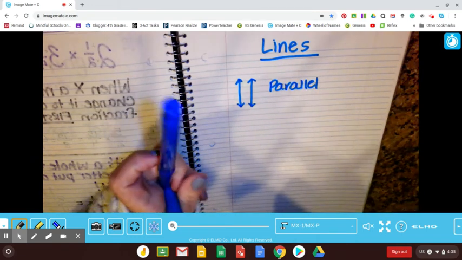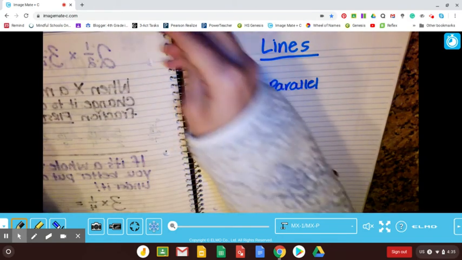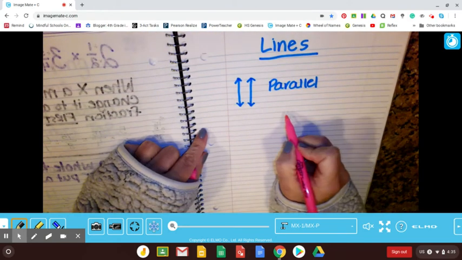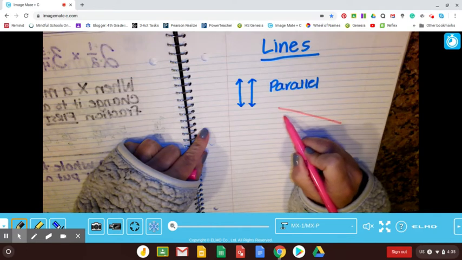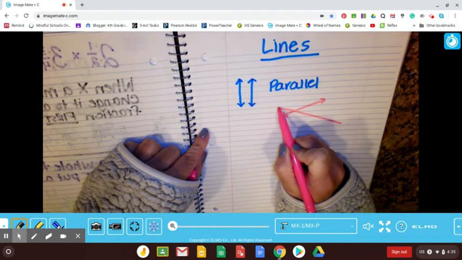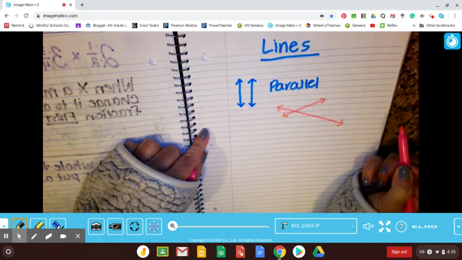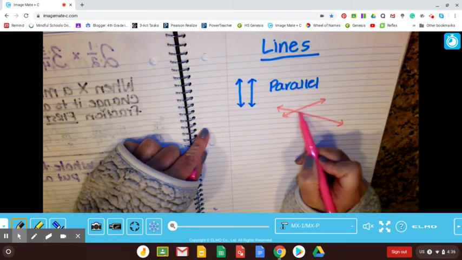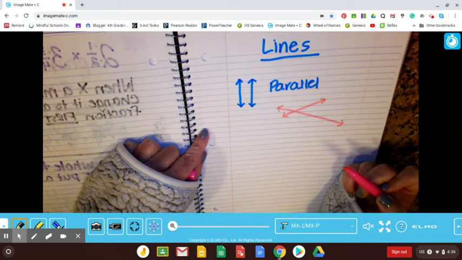We also talked about intersecting lines. And intersecting lines can intersect at any point. They cross over each other. I know in the video it said that they tend to make V's, which I guess they do. Some are skinny, some are fat.